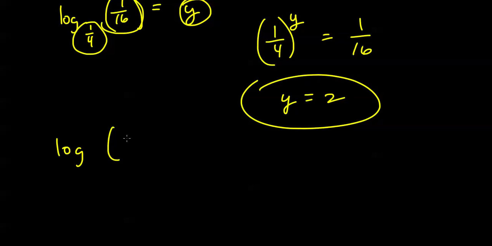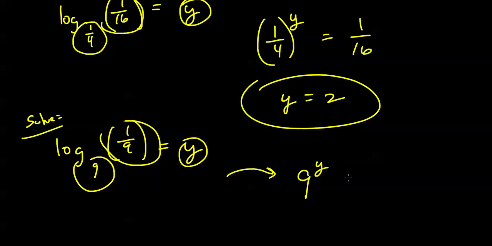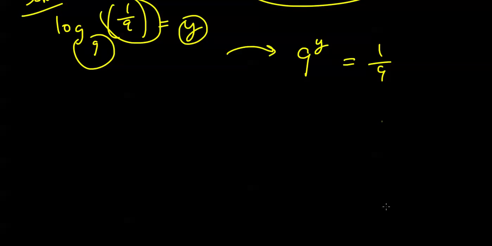Logarithm of 1/9 base 9 equals y. Solve this logarithmic equation for y. And of course, I'm going to convert to exponential form. 9 to the yth power equals 1/9. And I think we can recognize y.